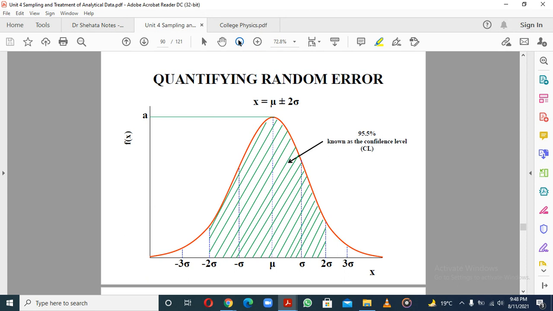Now, when you increase the deviation, the more you increase the deviation, the more samples you are going to have. Not necessarily that the sample is adding, but let's look at it in terms of results for the School of Natural Sciences.